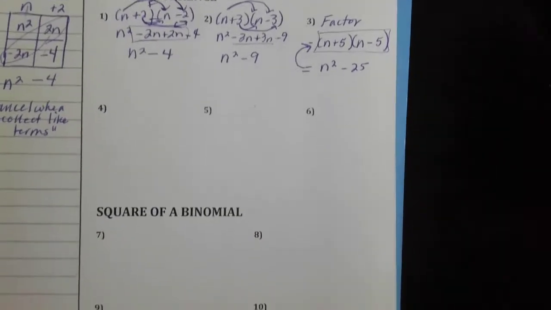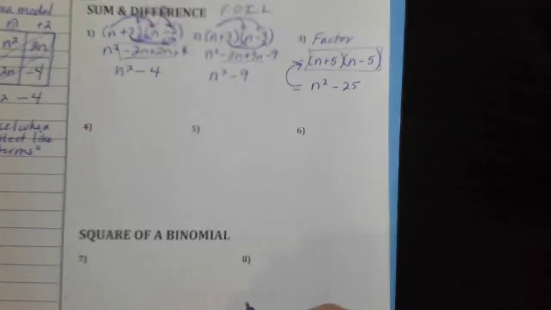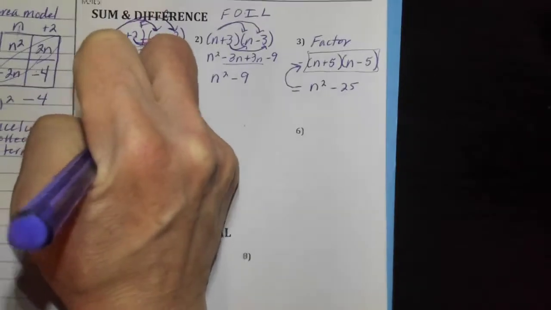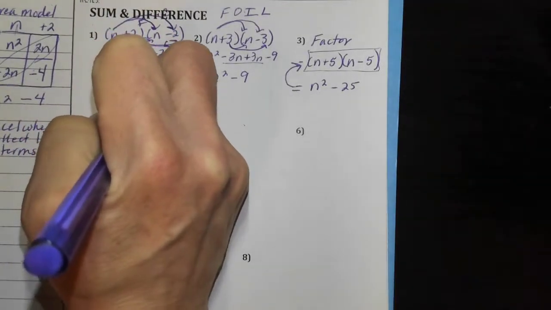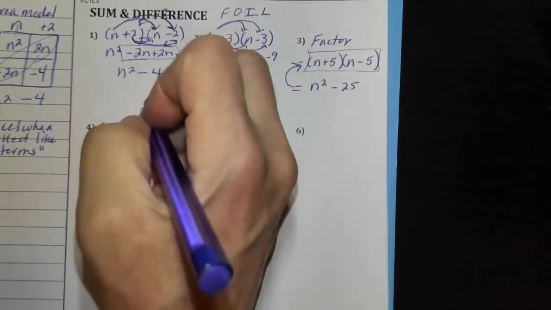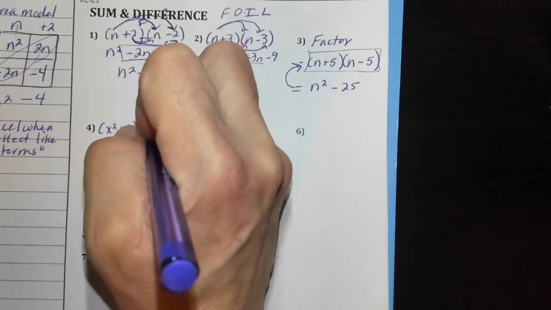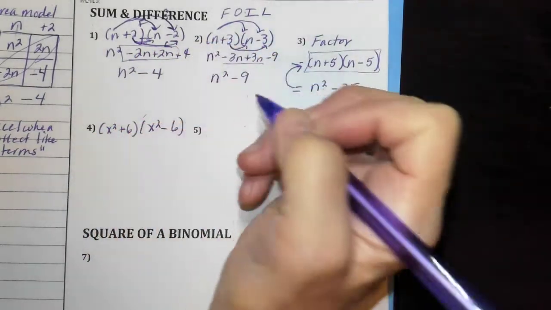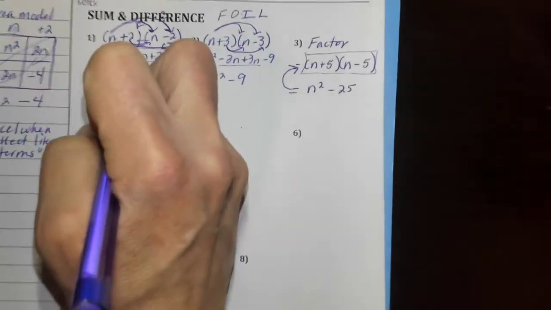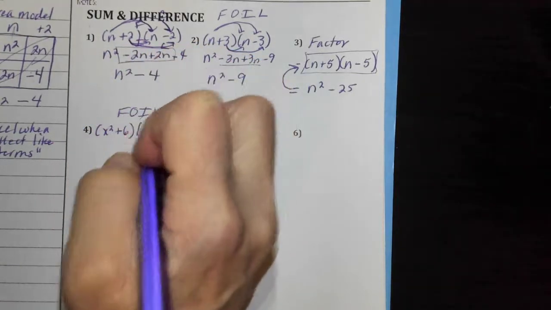Okay, moving on to number 4. What happens if we throw in a quadratic binomial? Quadratic means to the second power. Binomial means there's 2 terms. So now we have 2 quadratic binomials being multiplied. Again, we're going to use FOIL.